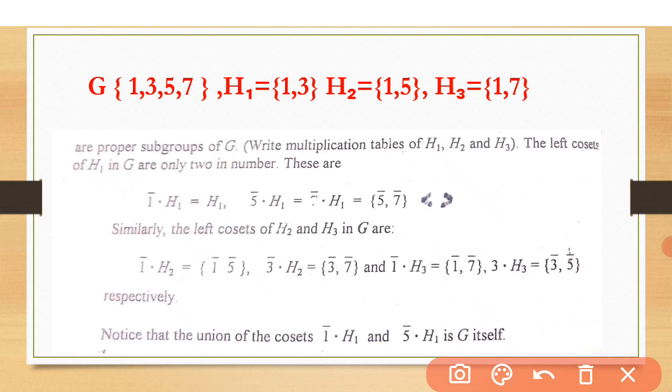Therefore, note that the union of cosets H1 and 5H1 is G itself. This is a very important thing.